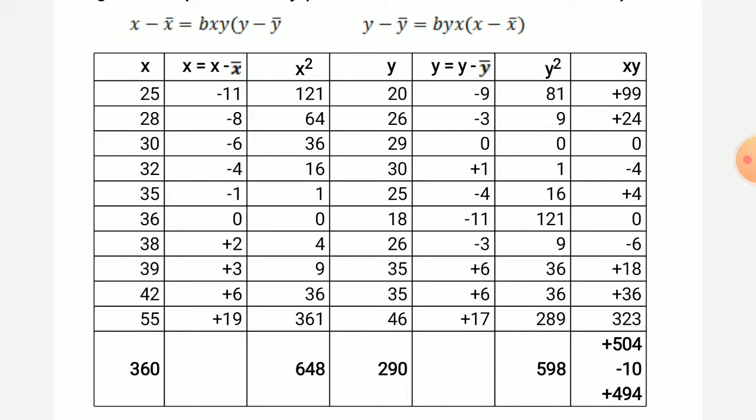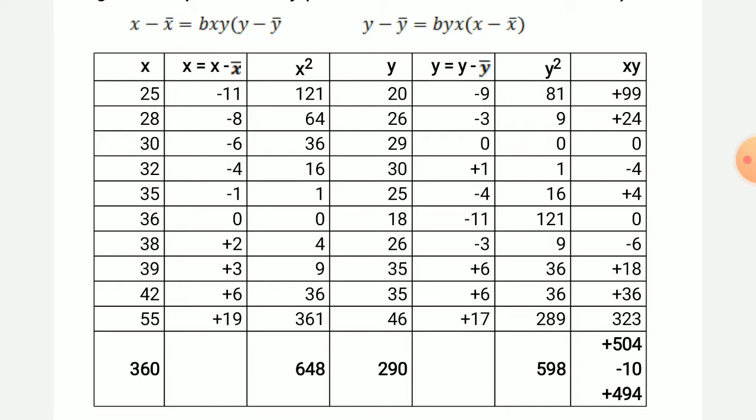Then take the square of y: minus 9 whole square is 81, minus 3 whole square is 9, 0, plus 1 whole square is 1, minus 4 whole square is 16, minus 11 whole square is 121, like that.